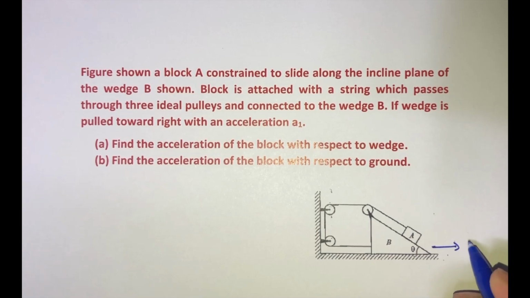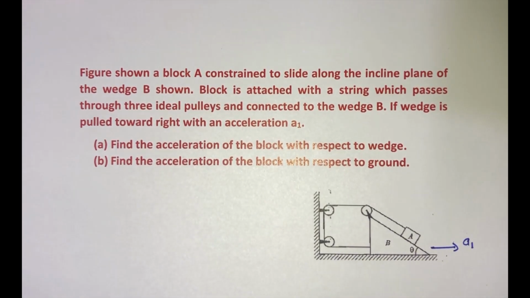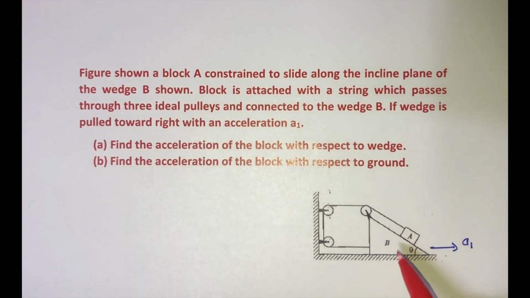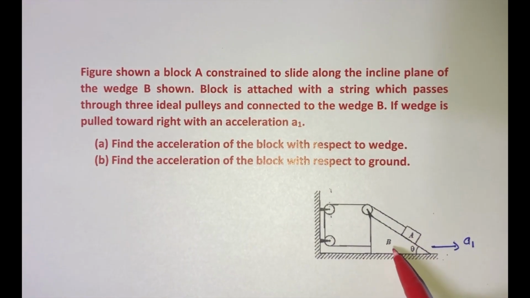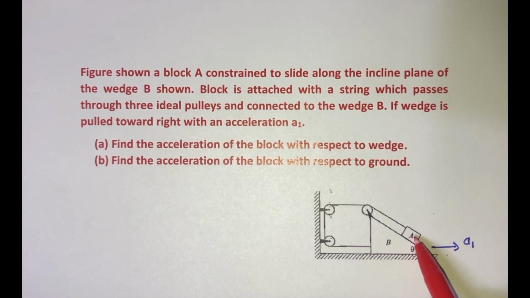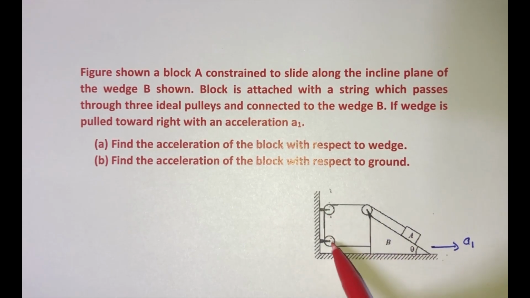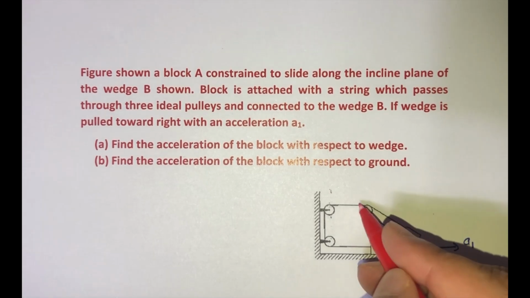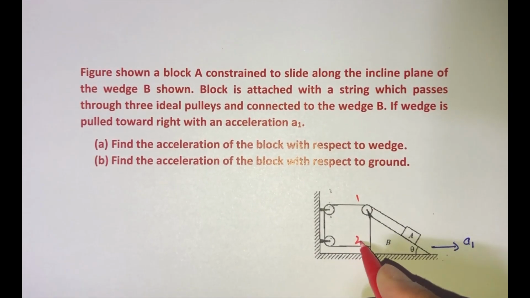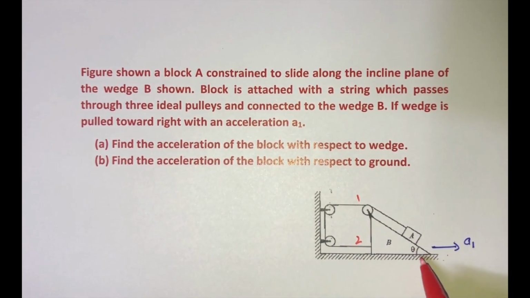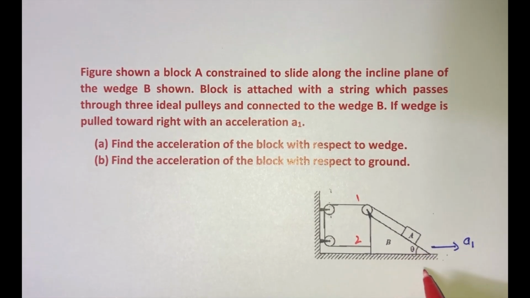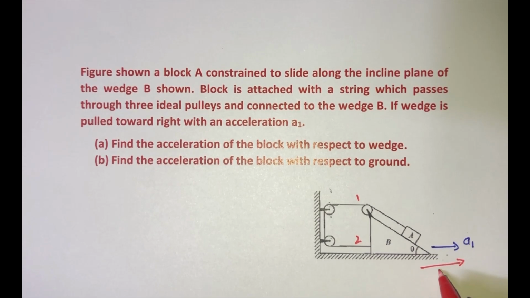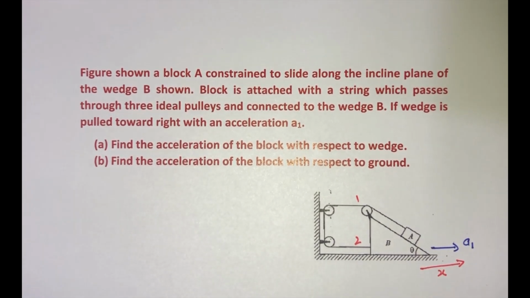with the acceleration A1. And this wedge B is connected to block A using these 3 pulleys, and let us name the strings 1 and 2, and we assume that wedge B moves towards the right by distance x.